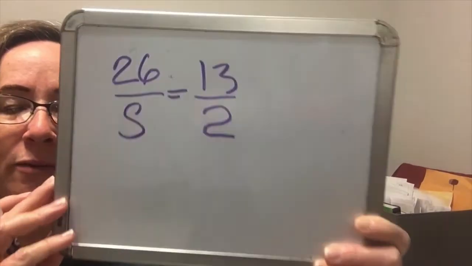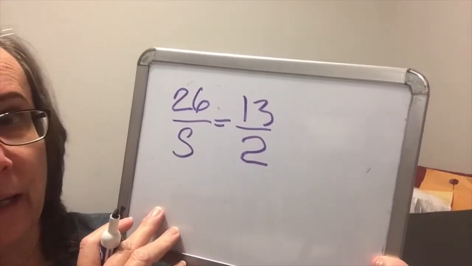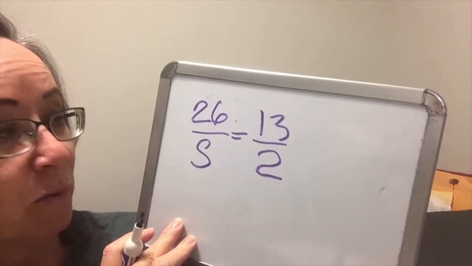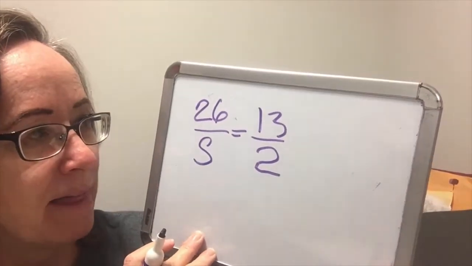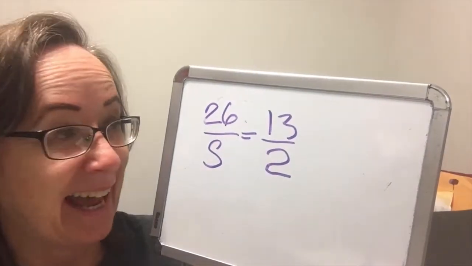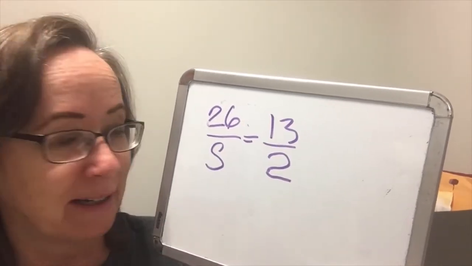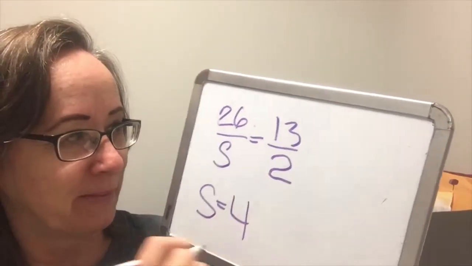Now we could go ahead and cross multiply, or we could realize that 13 times 2 is 26. And that means that 2 times 2 must be 4. So S must be 4.